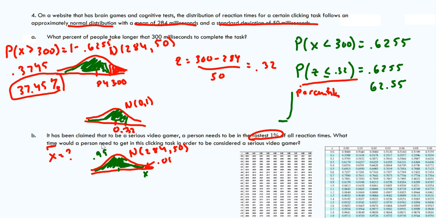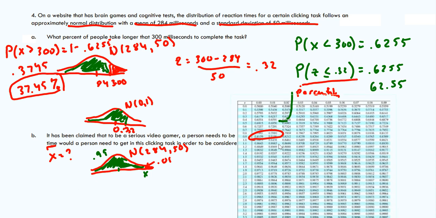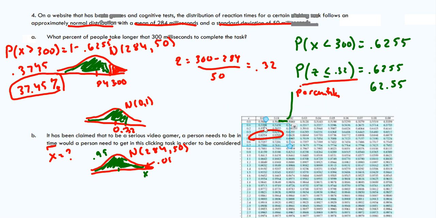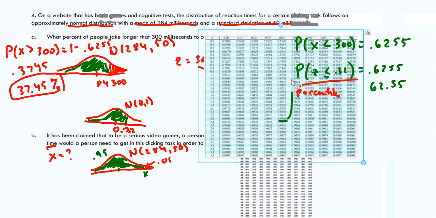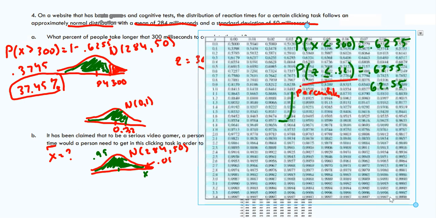And so we're going to use our table A to help us figure this out. Looking for the 99th percentile, and the closest to that 99th percentile.